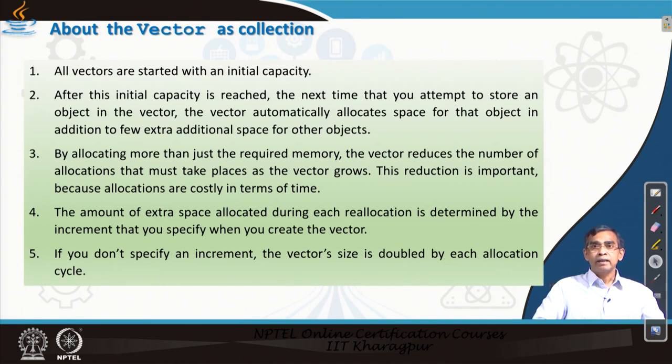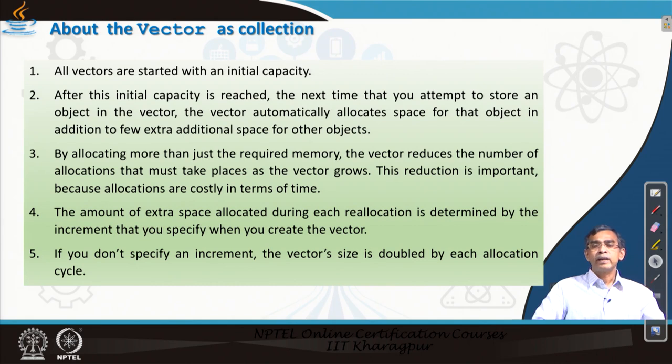Another most significant thing which differs this vector from the other classes in the Java collection framework is called synchronization. The vector is suitable for multi-threaded programming, where threads are required and can run parallelly.